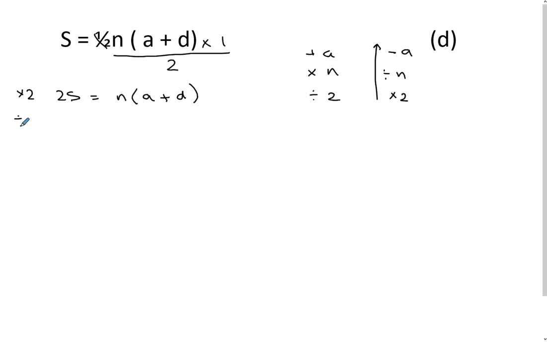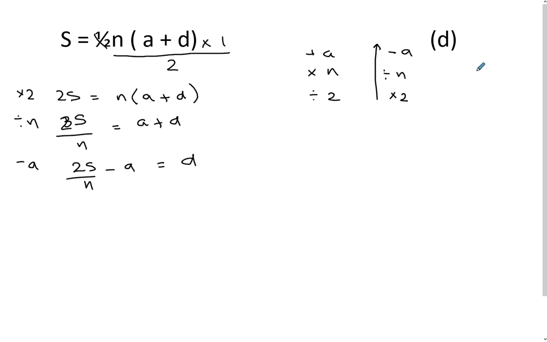Then we divide by n, so you've got 2s divided by n equals a plus d. And now we're going to minus a, so you've got 2s over n minus a equals d. Okay, so just be really careful with the fractions.